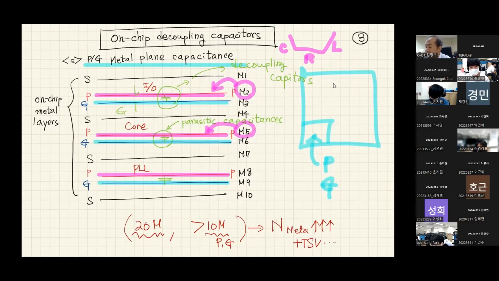Also, you have to reduce the thickness of the insulator between power and ground as thin as possible. That is another contribution of this decoupling capacitor, generated by the parasitic capacitance between power metal and ground metals inside the chip.